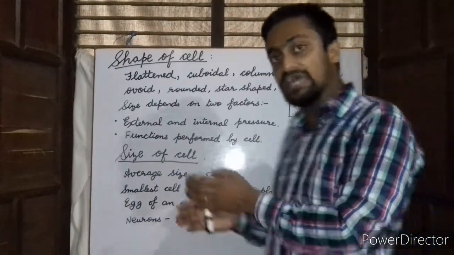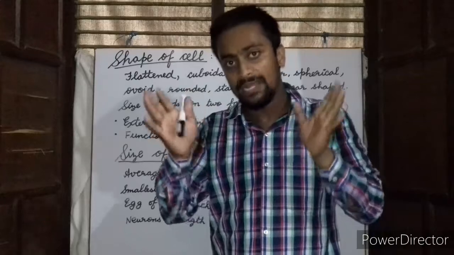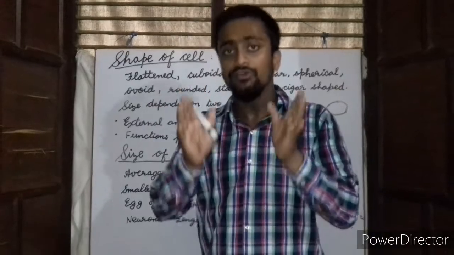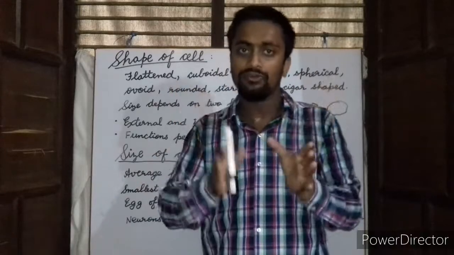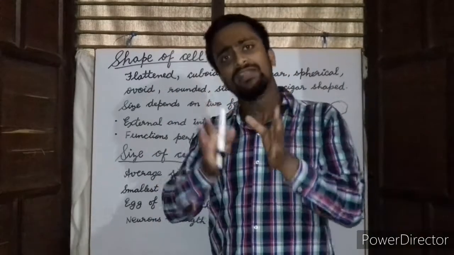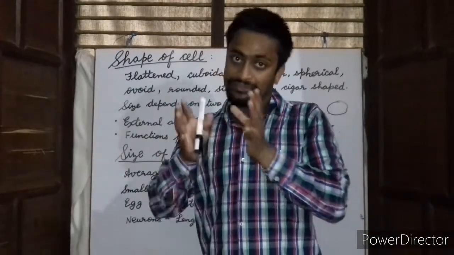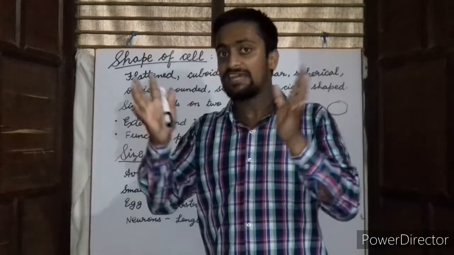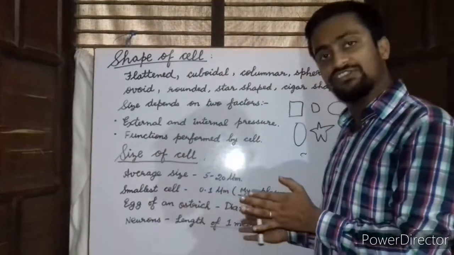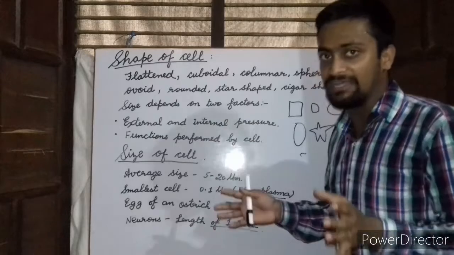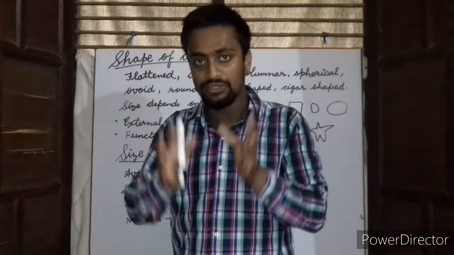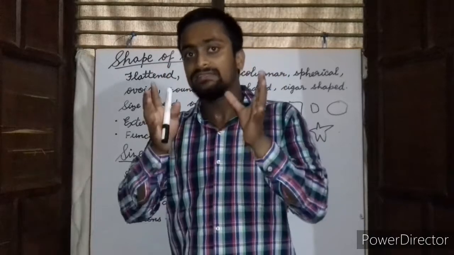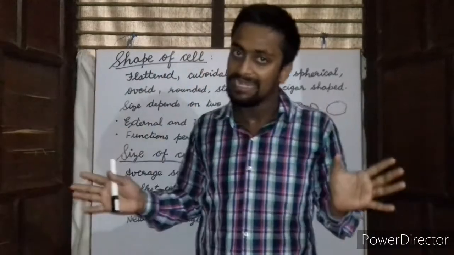These mycoplasmas are also called PPLO, which means pleuro-pneumonia-like organisms. These are the smallest cells known. However, cells may be as large as the egg of an ostrich, which is about 15 cm in diameter. The neuron cells are actually 1 meter in length.